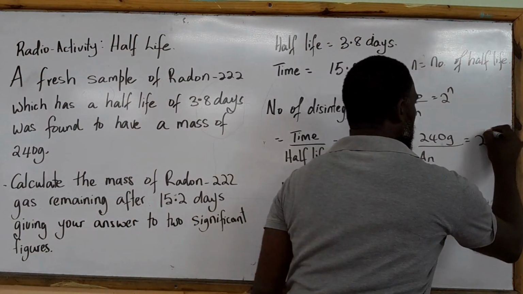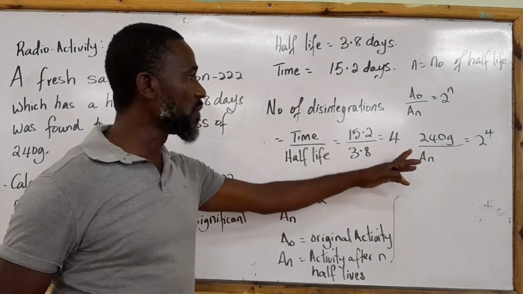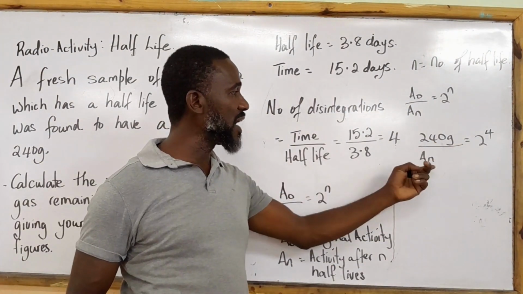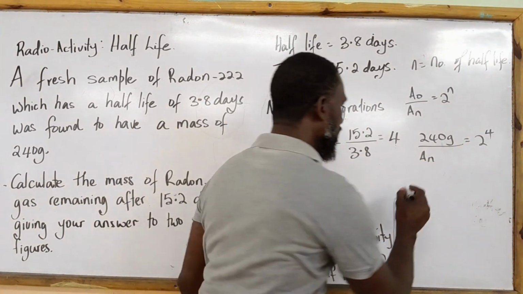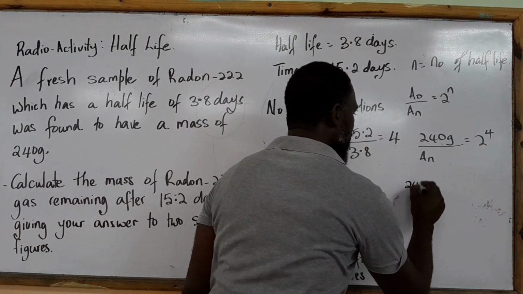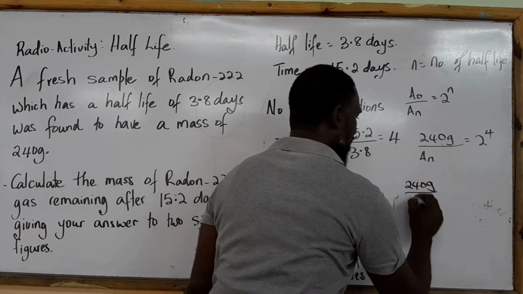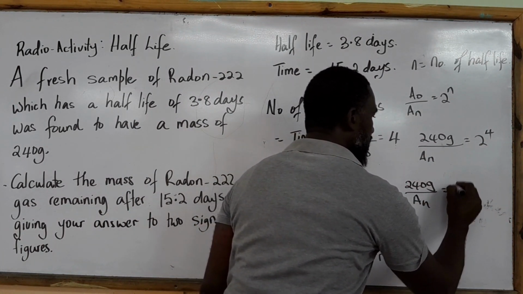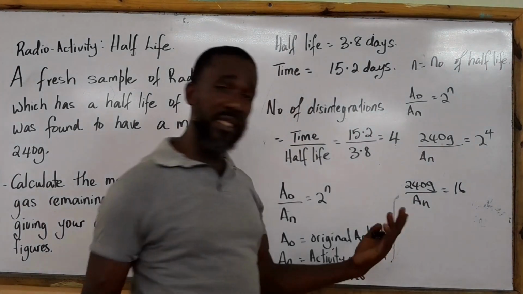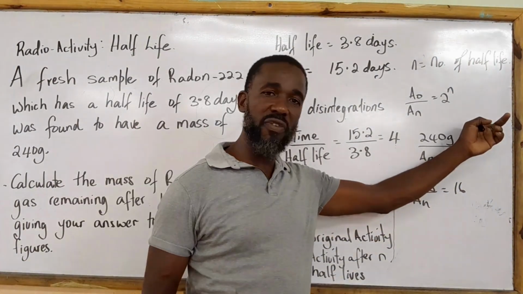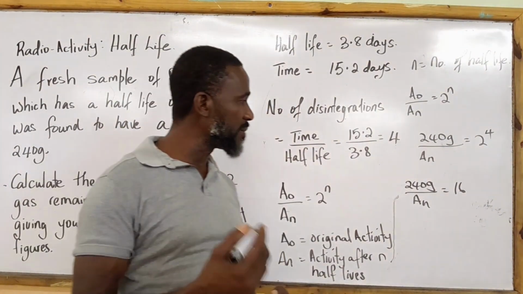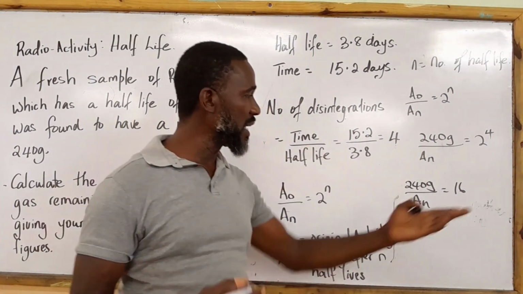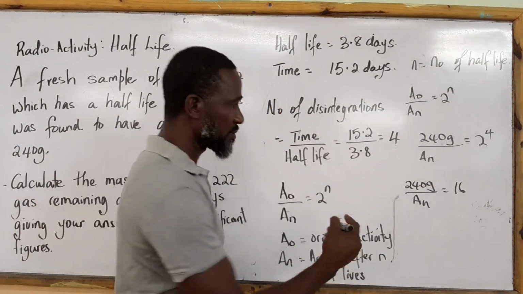So 240 grams over An is equal to 16. Why 16? Because 2 to the power 4 is 2 times 2 times 2 times 2, and that gives us 16.